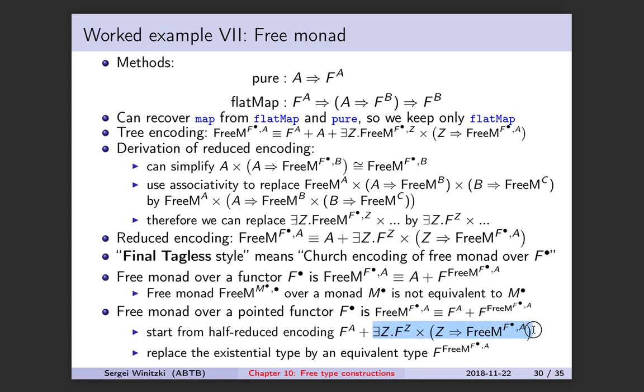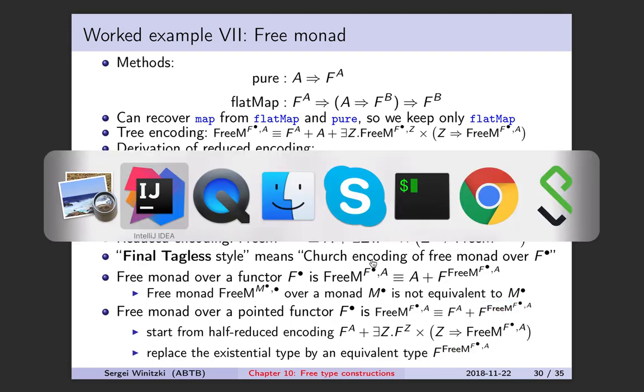We use again the identity for the existential type to get f of this. So therefore, the reduced encoding is fa plus f of this. So it's still going to be recursive. Free m of f is fa plus this. So that's the reduced encoding.